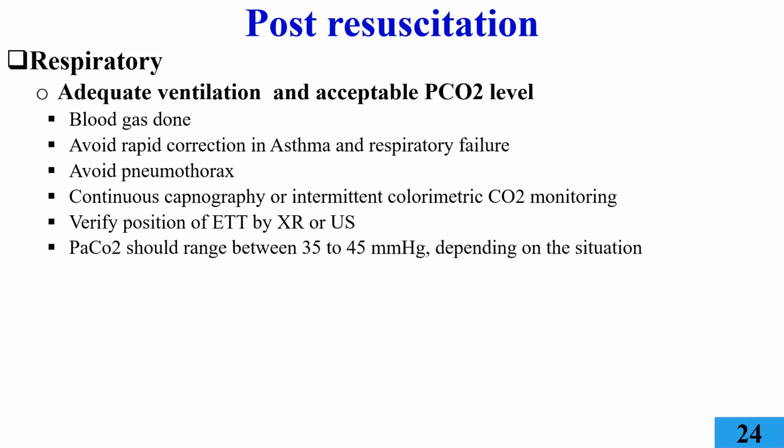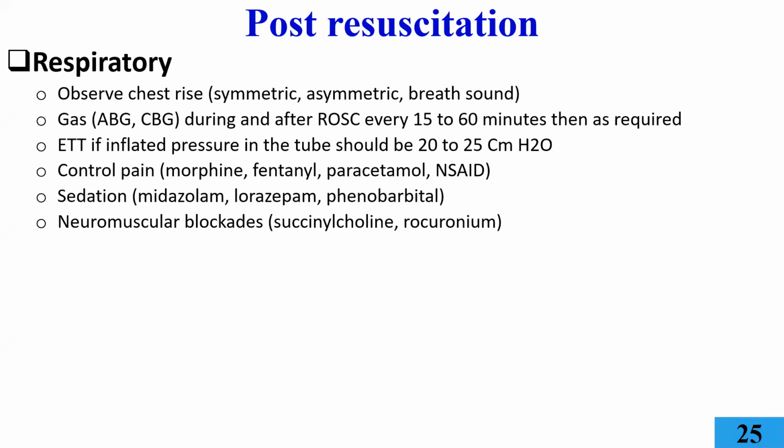Always check the CO2 to be between 35 and 45, unless we do permissive hypercarbia or hypocarbia. If the doctors say, I'm okay if the CO2 is more than 50, it should be signed. The chest should always be rising. An ABG or CBG should be ordered.